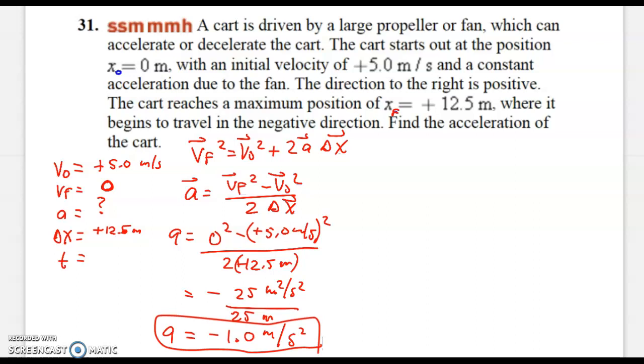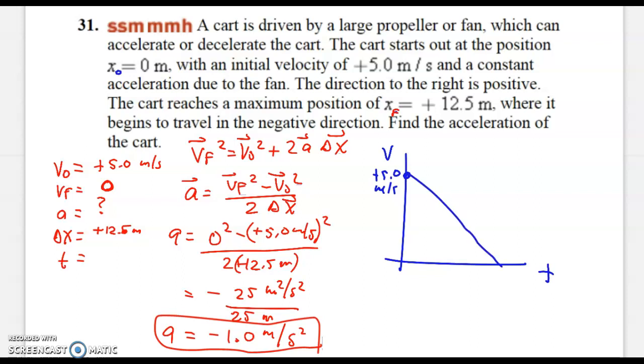Now, an alternate way that this could have been done is we could have looked at a graph. So we could have said a graph of velocity versus time. Now, how would that look here? Stop the video, try to sketch that. You're going to start off with an initial velocity of positive 5 meters per second, and then you're going to go down something like this, okay?